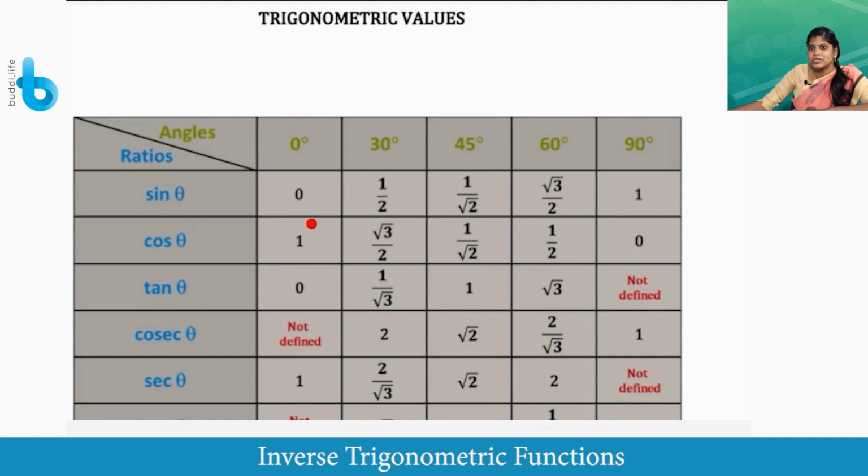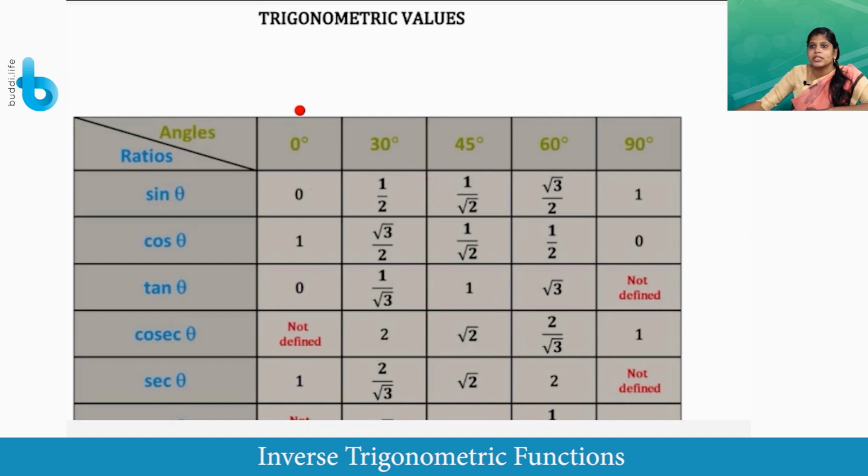Just as a recall, we'll see now sine theta, cos theta, tan theta, the respective values of the angles are given here, and also know the angles in terms of your pi.